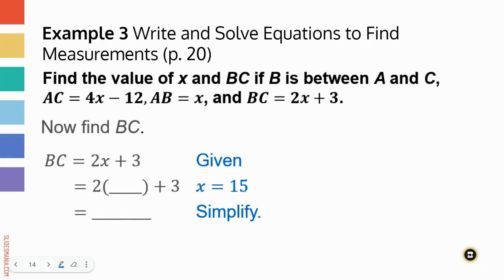So the value we just found for x was 15. So I'm going to substitute that into that expression. So I have 2 times 15 plus 3. Well, 2 times 15 is 30, and 30 plus 3 is 33. Okay, so the measure of BC is going to be 33.